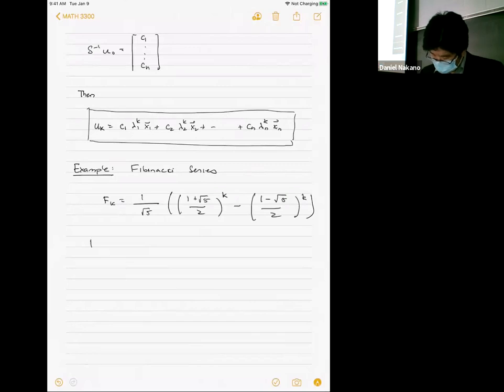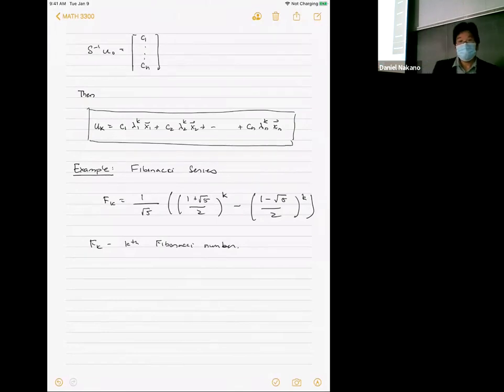Here F_k is the kth Fibonacci number. Any questions on this? This F_k was obtained by using the formula, figuring out what the eigenvalues and eigenvectors are. Questions? Okay.